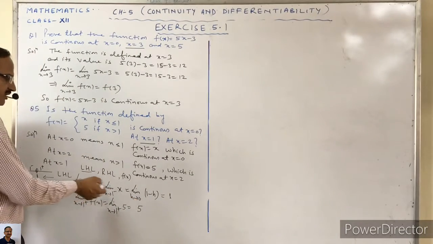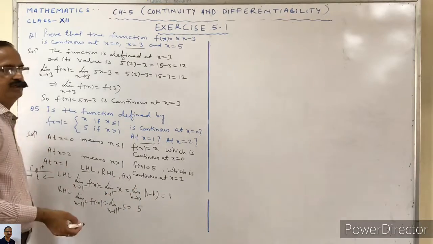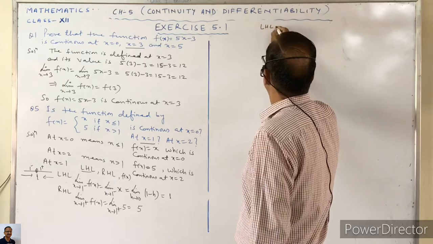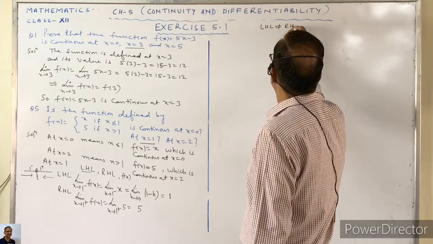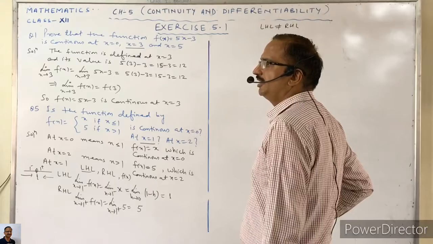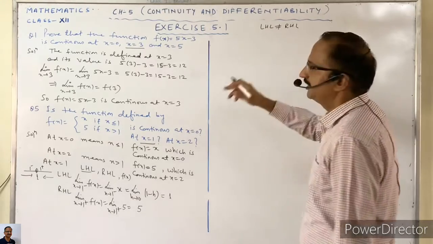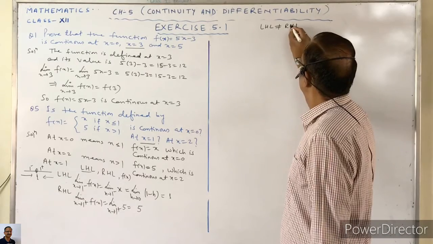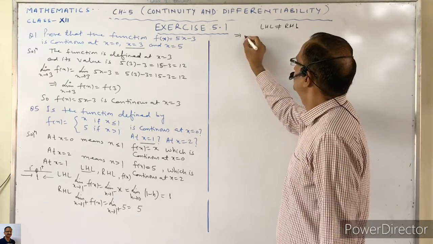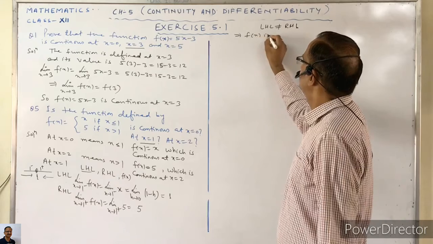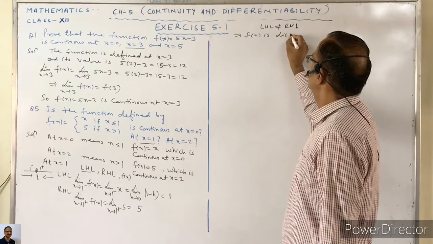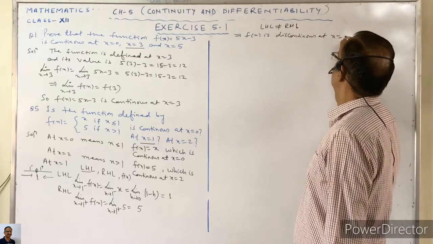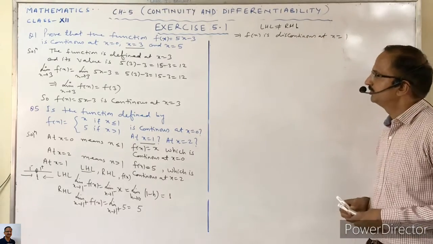Now since the left hand limit and the right hand limit are different, we can say that the left hand limit is not equal to the right hand limit. It means the function is not continuous. So this implies that f(x) is discontinuous at x equals 1.